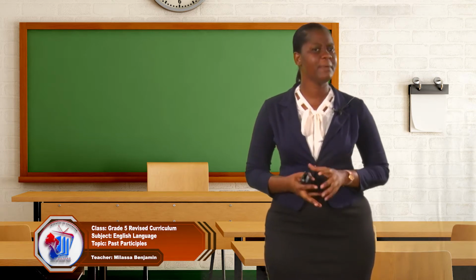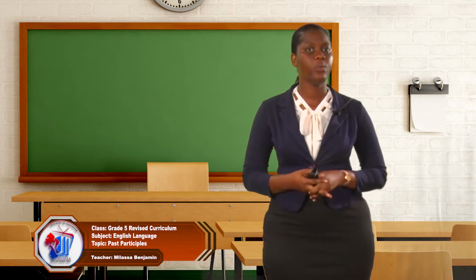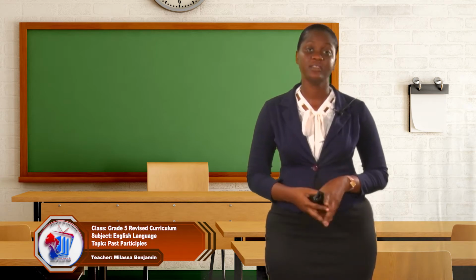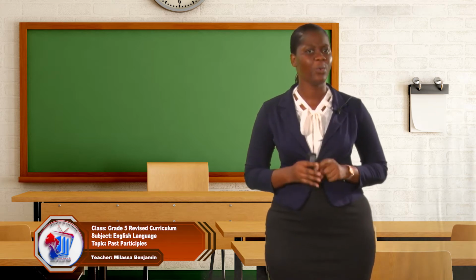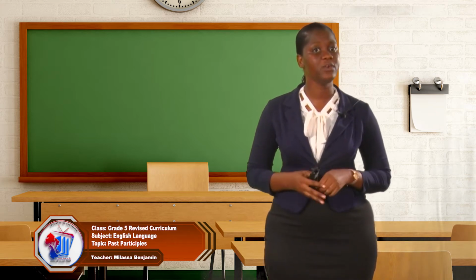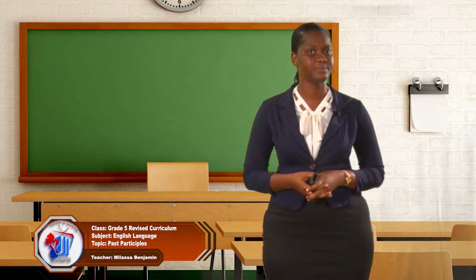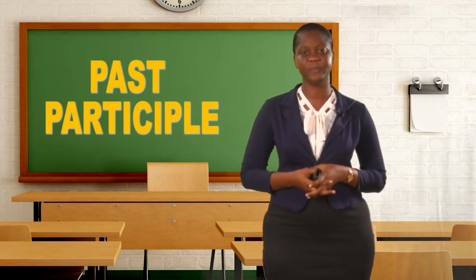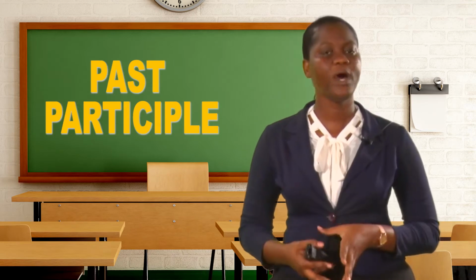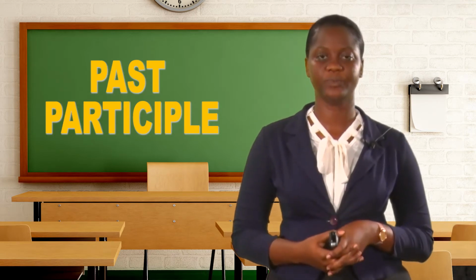Now, do you remember that in our last class, we were taking a look at the continuous tenses? Do you remember what it is that we will be looking at for this lesson? Yes, the past participle. So, what is past participle?